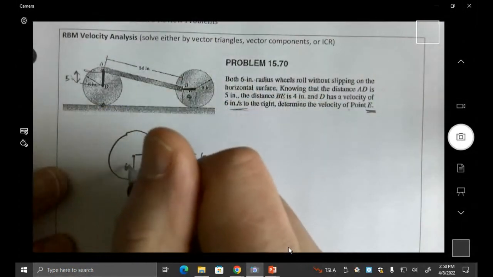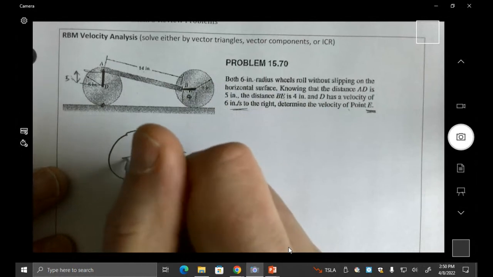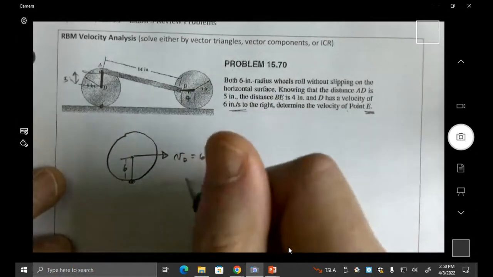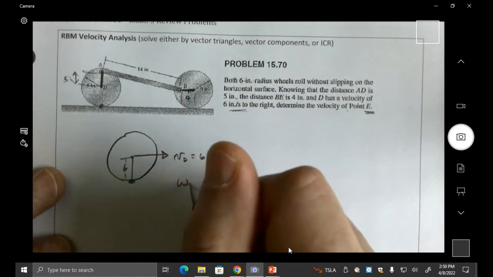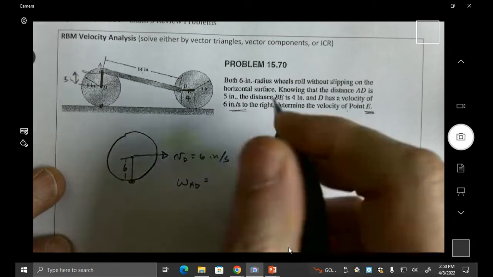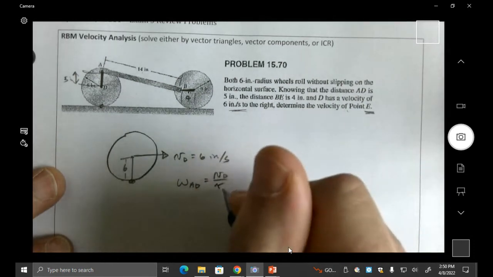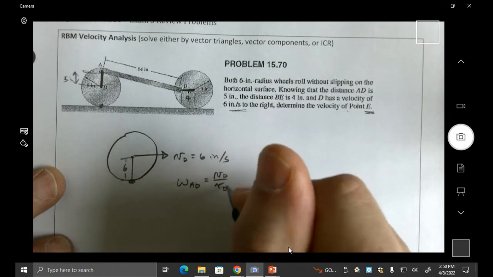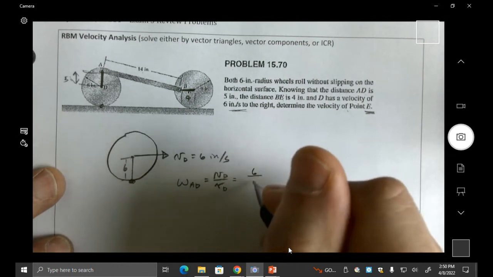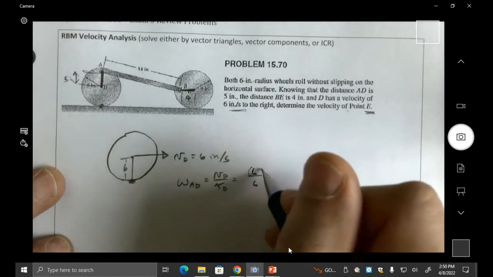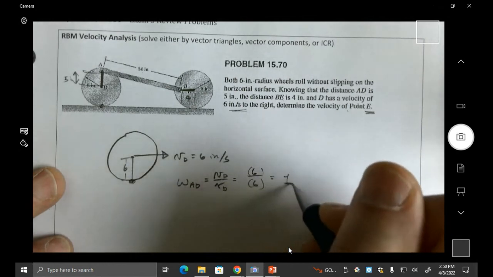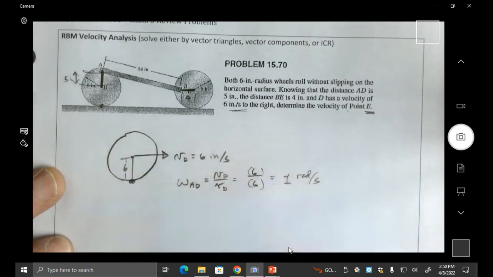And this is 6 inches to there. So omega AD is going to be VD over the radius RD. So 6 divided by 6, this is 1 radian per second.